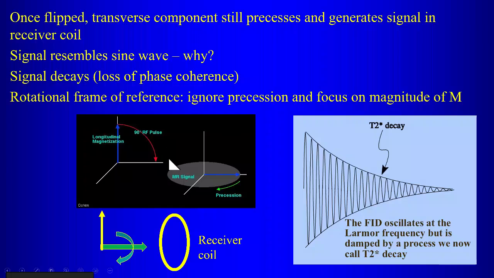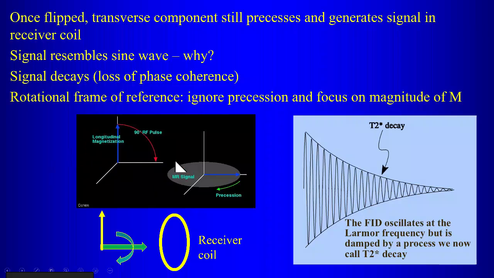Now, to avoid thinking about all this spinning and all this motion, the textbooks will talk about putting you in a rotational frame of reference, which means you're in a frame of reference actually turning around with this transverse component, so that you don't have to worry about its actual spinning.